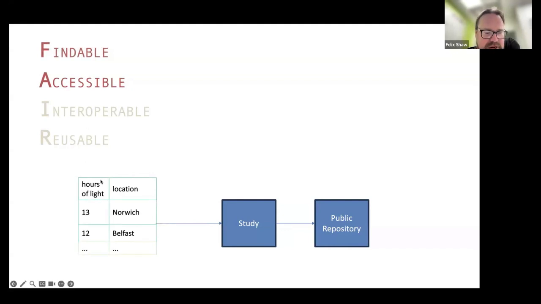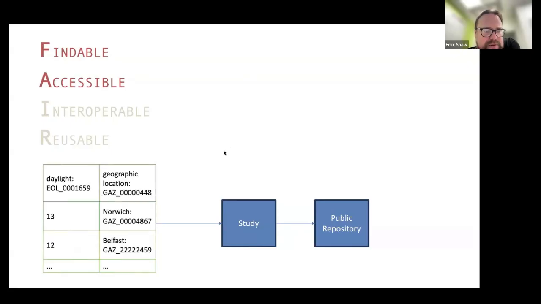So we have hours of daylight and location. So these are named columns which describe the data, okay? As human beings, we can easily figure out what these strings of characters mean. Computers can't do that so easily, so we have to use better labels, okay? So here we have now ontology terms which describe the columns of data and some of the values.